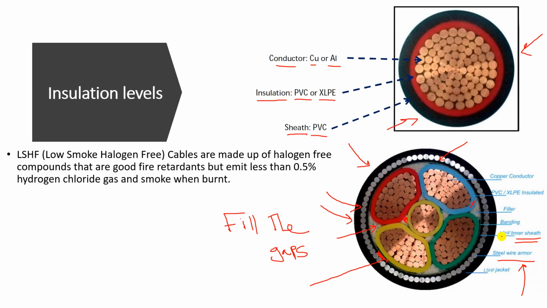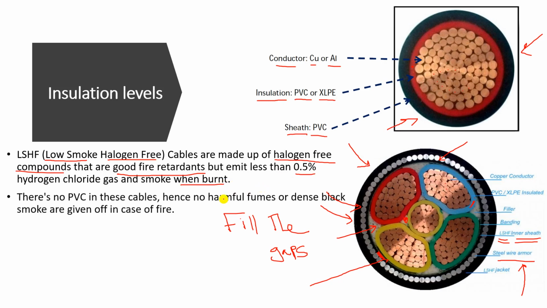Now, as you can see, something called LSHF. What does this mean? LSHF is an abbreviation for low smoke halogen free cables. This sheath is made of halogen free compounds that are good fire retardants, and they emit less than 0.5 hydrogen chloride and smoke when burned.